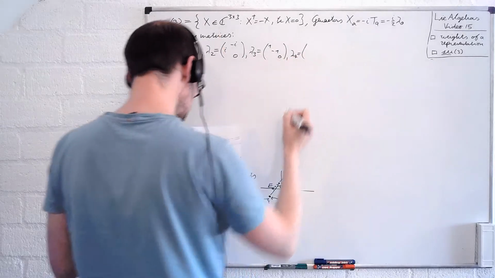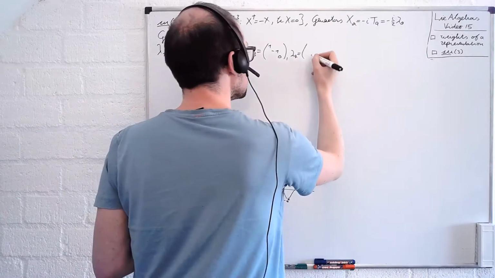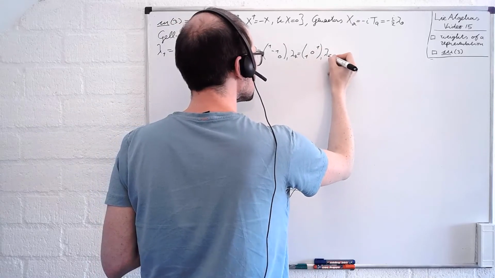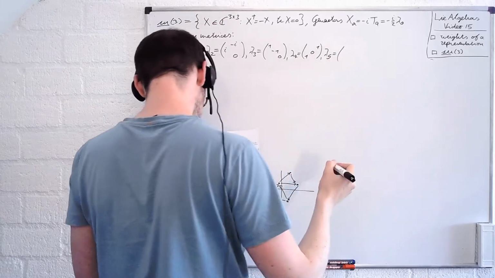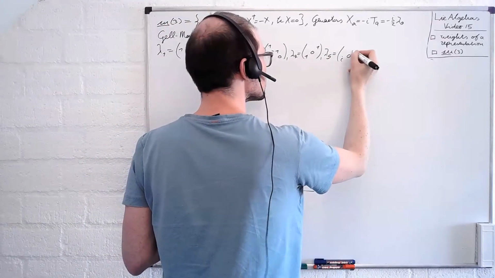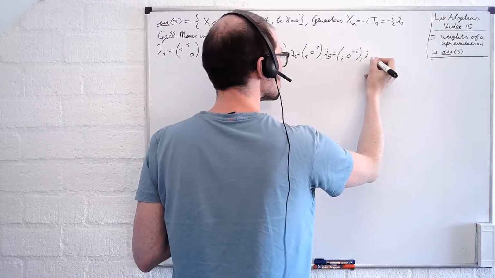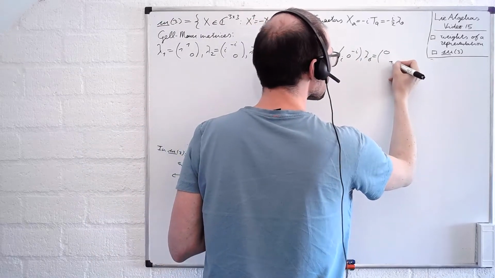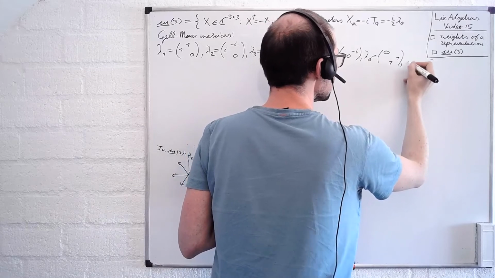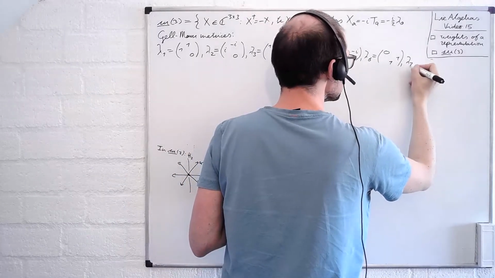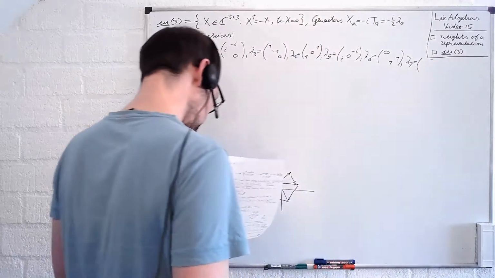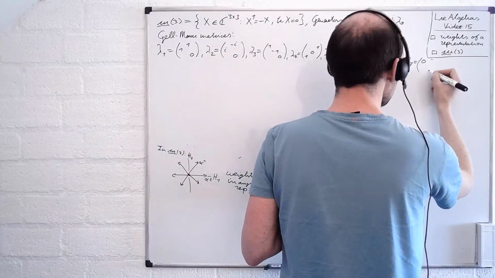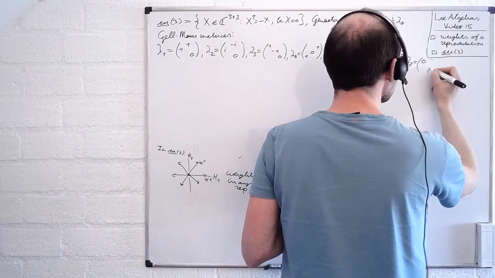So there have to be 8 of them. And it should not be too difficult to check that they really form a basis of the traceless Hermitian matrices.